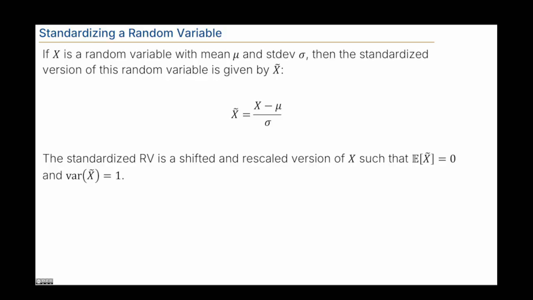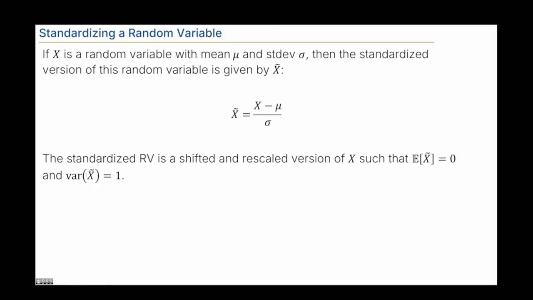The basic idea is, if I have a random variable which has some finite mean and standard deviation, and the standard deviation is not 0, then the standardized version is just you take the random variable, subtract off the mean, and divide by the standard deviation. An interpretation of this is that what you get back is a shifted and rescaled version of x, such that the expected value is 0 and the variance is 1.